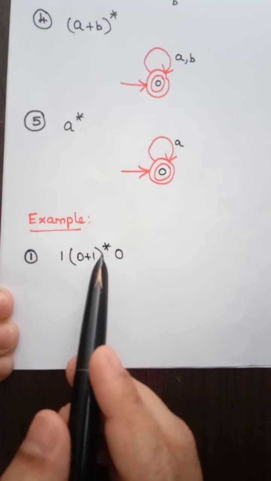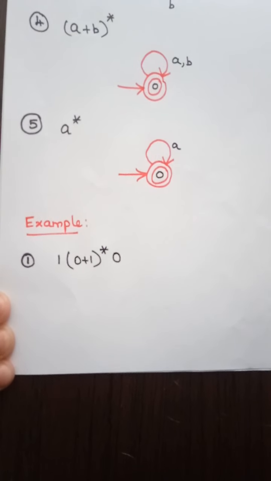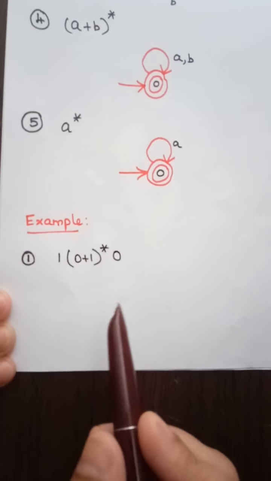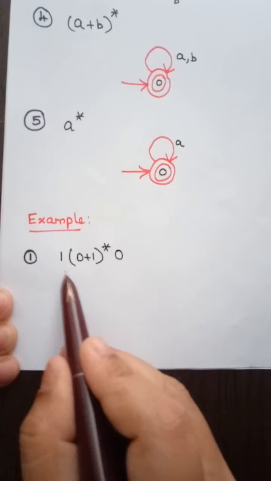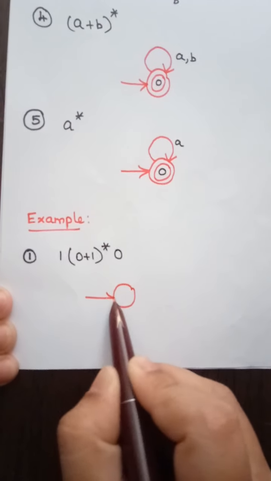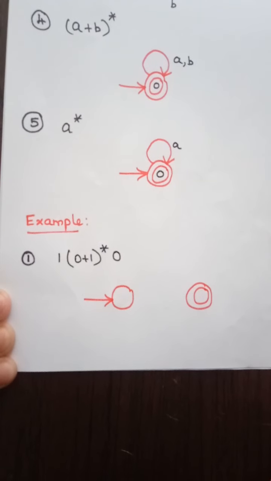Now let us take one example, and then we'll try to solve it. That is how we can convert the given regular expression into NFA. So this is the given regular expression. For this expression, initially we'll have two states: one is the start state and the next one is the final state.